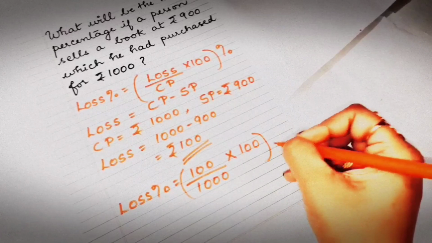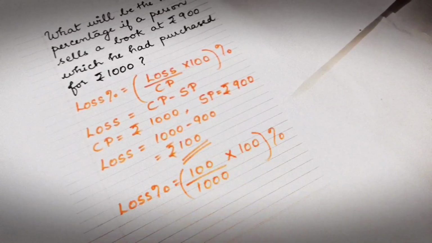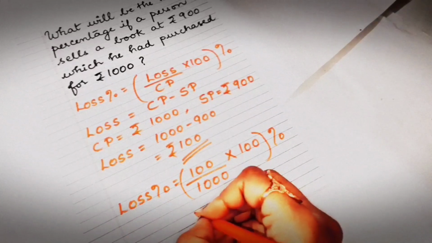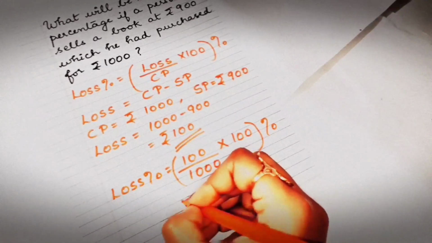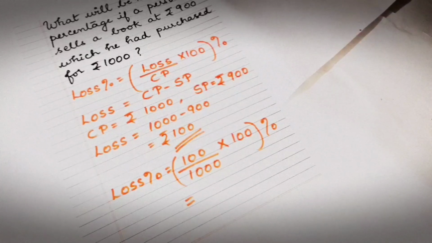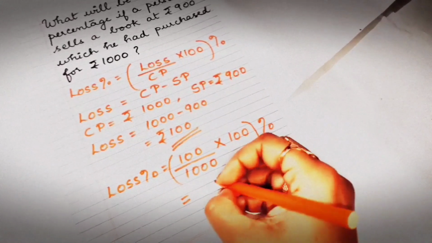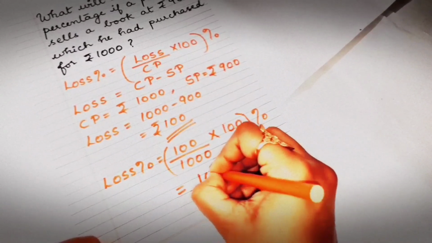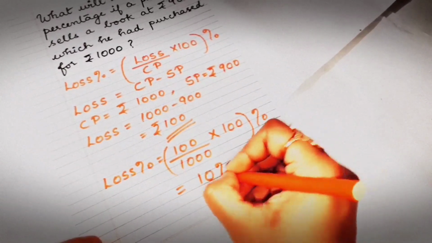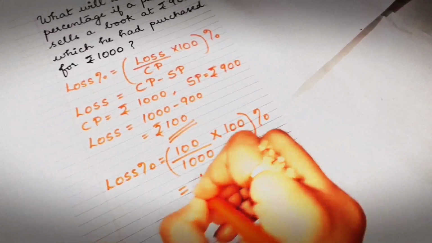And the result is to be expressed in terms of percentage. So after solving 100 by 1000 into 100, we get the result as 10. Hence, the loss percentage is 10%.